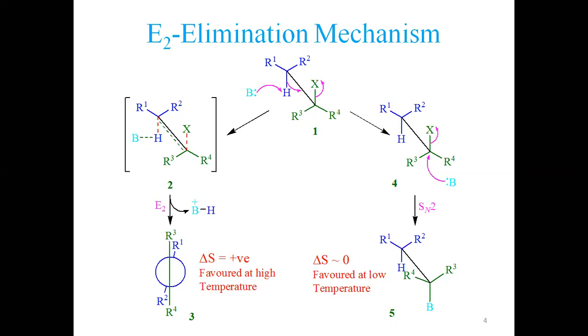If we triple this, the reaction rate triples. In fact, when we make the kinetic study, the reaction is first order with respect to base and first order with respect to substrate. First order with respect to both means this reaction is concerted. In the reaction mechanism, both of these are involved in a single step.